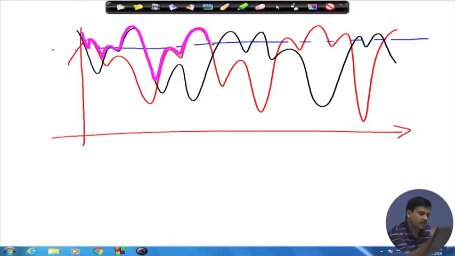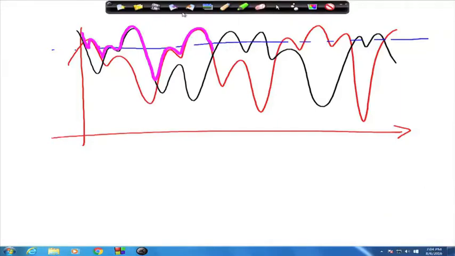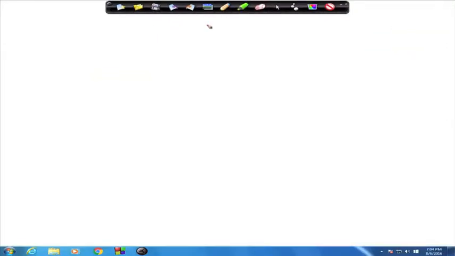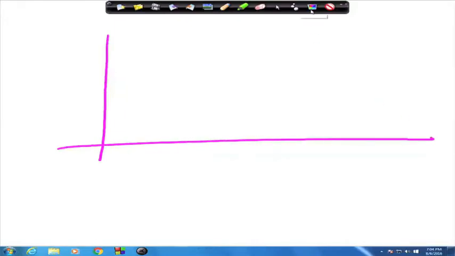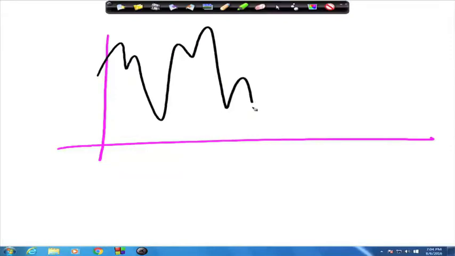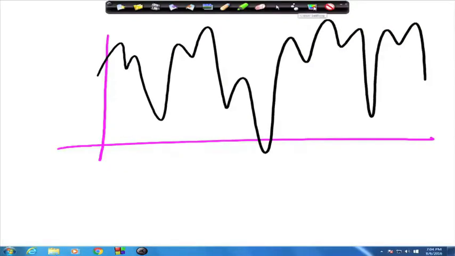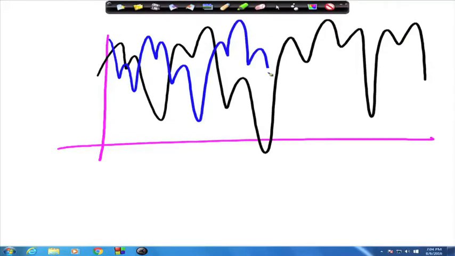When there is no other option, you simply can't help it, but otherwise you just don't switch. Let us redraw this. Suppose one of the branches has this particular structure of the SNR, and the second branch has an SNR which is like this.